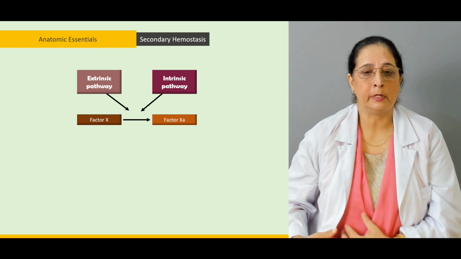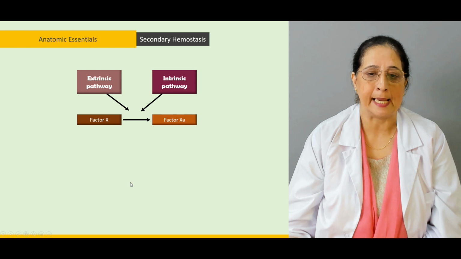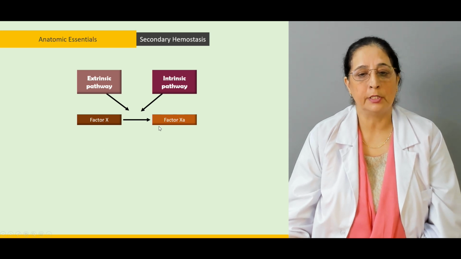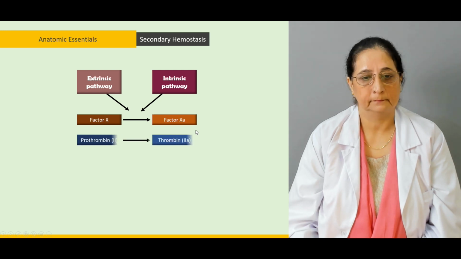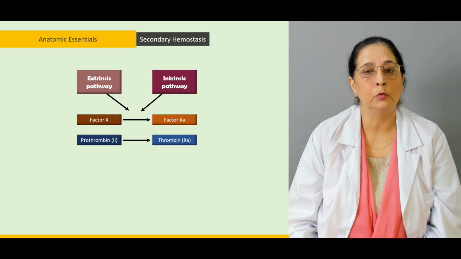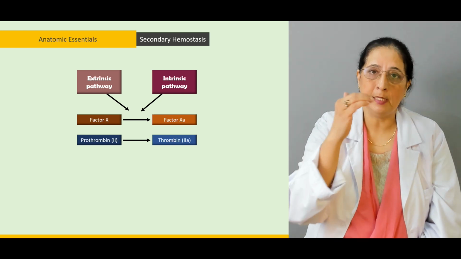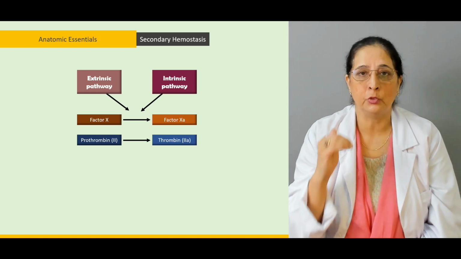In the extrinsic pathway, we have factor 10. This is converted to factor 10A. Then we have prothrombin, which is converted to thrombin, and thrombin is responsible for the conversion of fibrinogen to fibrin.